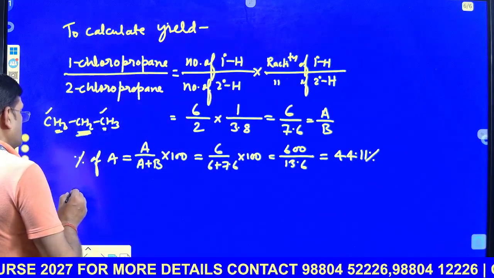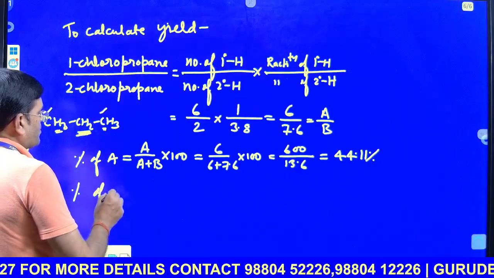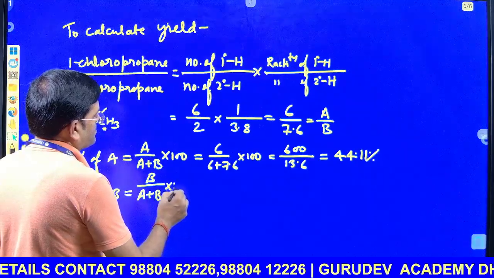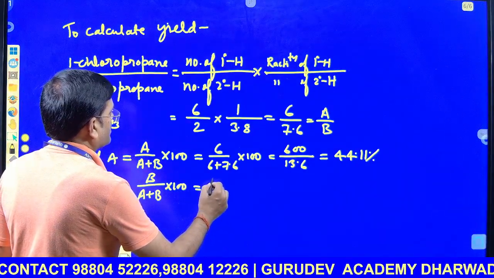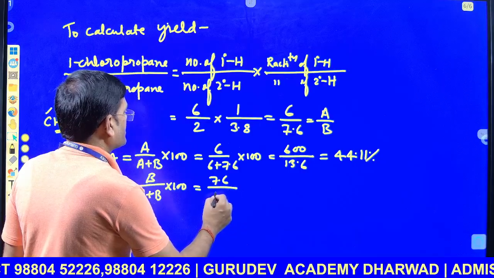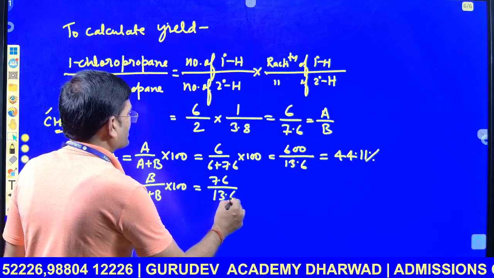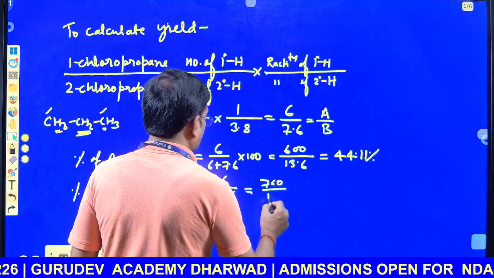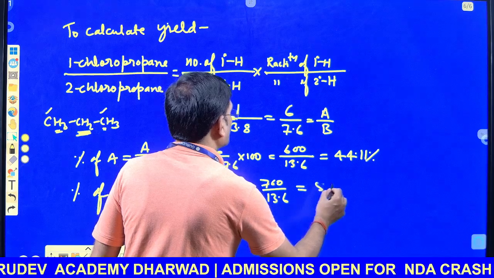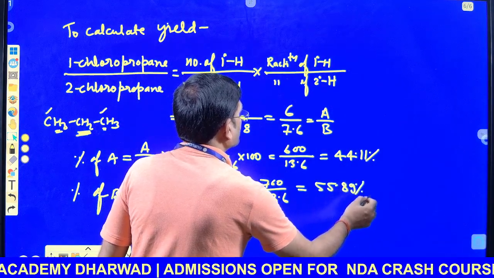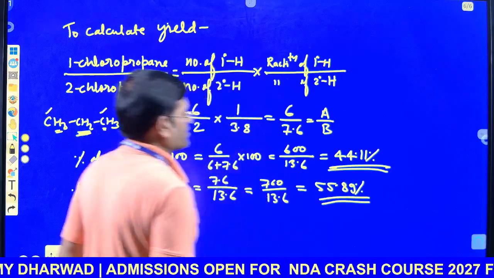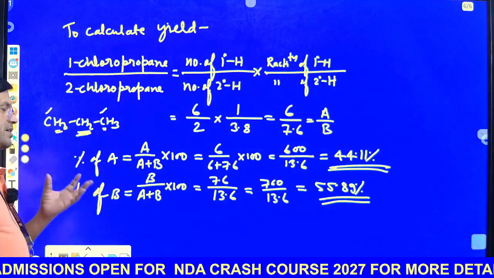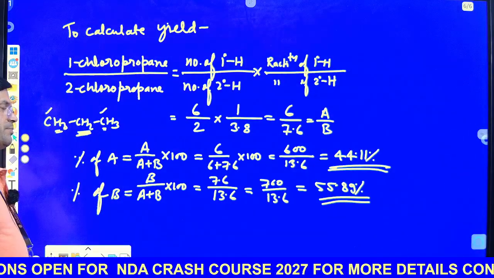Similarly, percentage of B is equal to B divided by A plus B into 100, that is 7.6 divided by 13.6, that is 760 divided by 13.6, and this is coming out to be 55.89%. So in any free radical substitution, in this way you will be able to calculate what percentage of the product, that means isomeric products, is being formed.